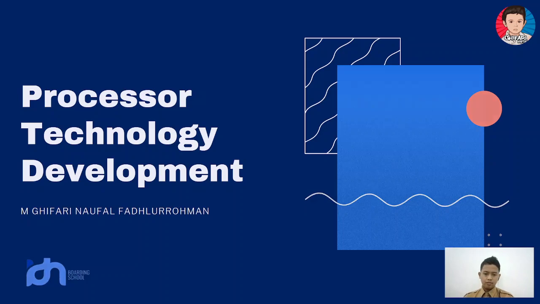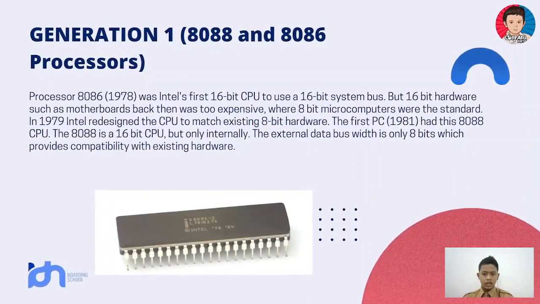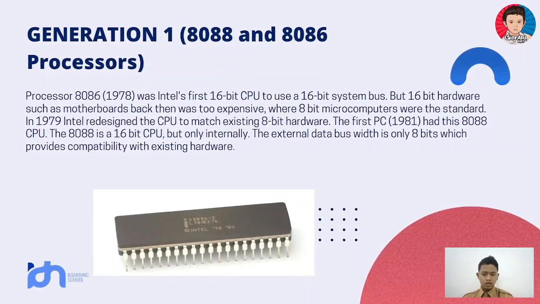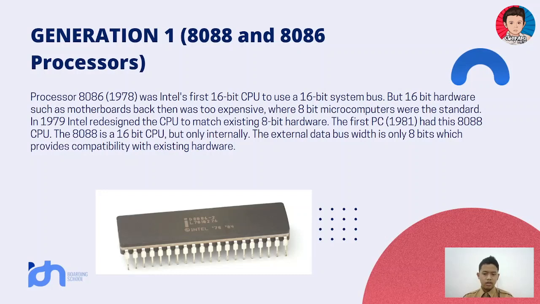Number one, generation 1 processors, 8086 and 8088. In 1978, the 8086 was Intel's first 16-bit CPU to use a 16-bit CPU bus, but 16-bit hardware such as motherboards back then was too expensive, where 8-bit microcomputers were the standard.